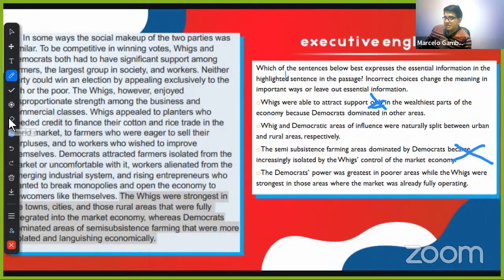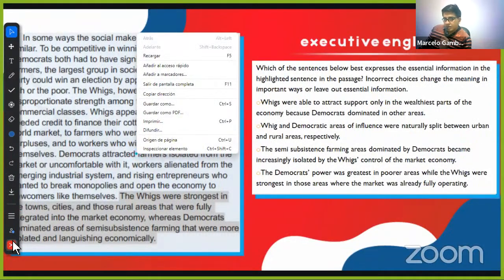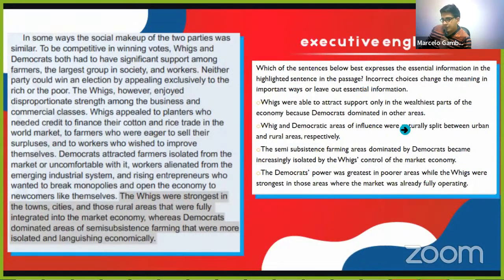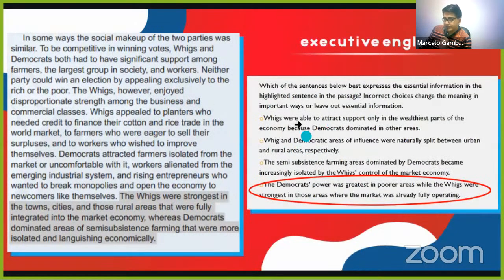And D is correct because it says that the Democrats' power was greater in poor areas while the Whigs were strongest in those areas where the market was already fully operating. And that's true, even if the market is in rural areas, because you have rural areas where the market was fully integrated into the market economy. So that's where the Whig support was. Any question? Is it clear?